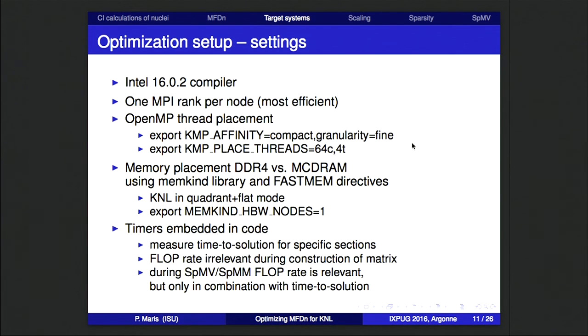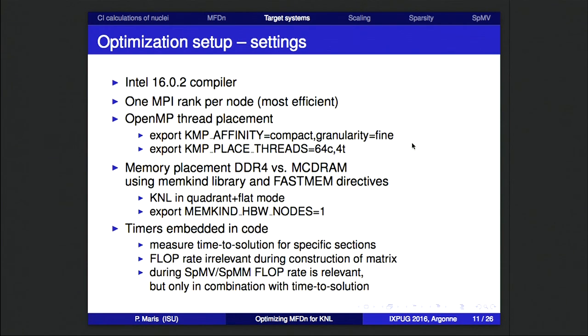I will come to that in a minute. We do explicit memory placement with the memkind library and fastmem directives. And most of the results, I think actually all of the results that I show, except for one slide, are in quad flat mode.